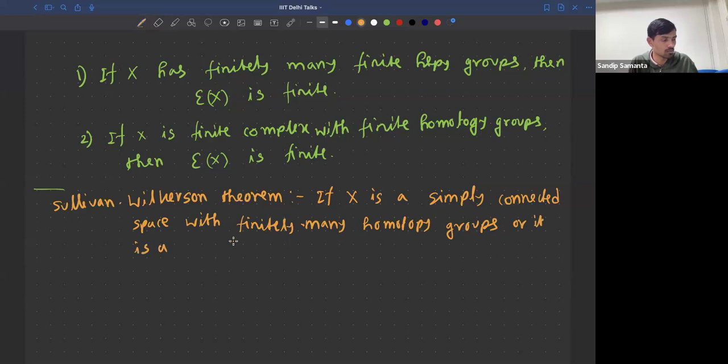it is a finite CW complex, then this EX is finitely presented.